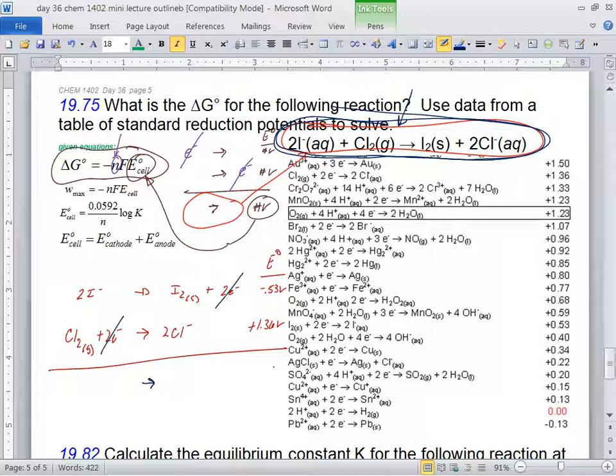So if I add them up, I get the same overall reaction. That checks. My E0 cell is going to be a negative 0.53 added on to 1.36, positive 0.83 volts. So there's my E0 cell.